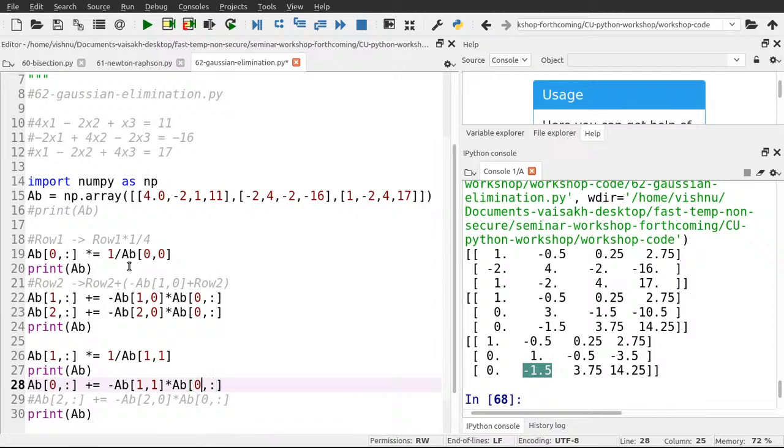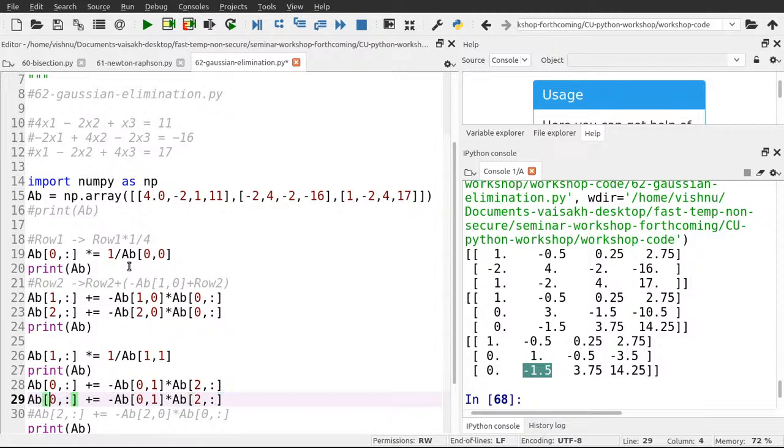So what is the next step required? We need to remove this minus 0.5. For that, we need to multiply the second row with minus of minus 0.5, because this is 0 1. Okay, so the same procedure but for row 2.